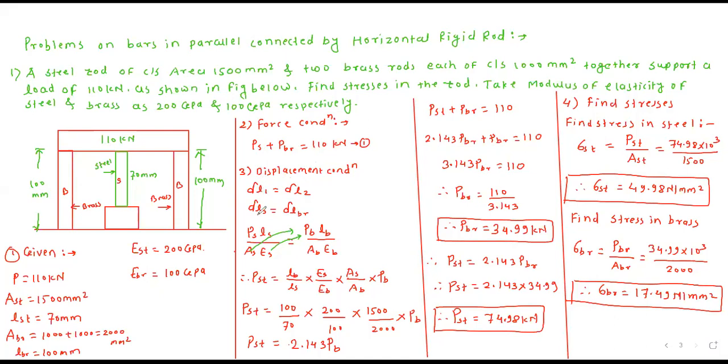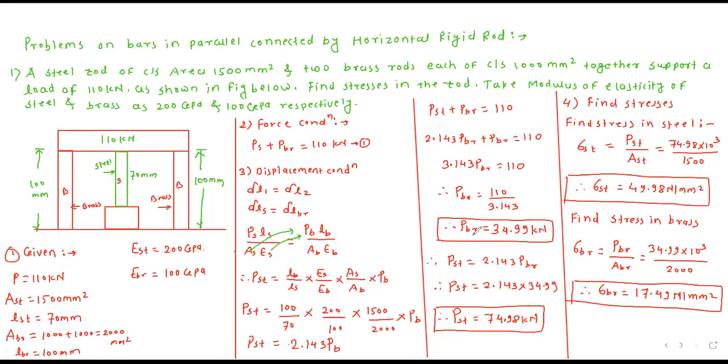For that, you write the formula PL upon A. After that, you convert this formula in terms of the load you have to find out, and you get one equation. From this equation, you can find the load taken by one material. After that, put this value in the total load and find the load taken by the second material.